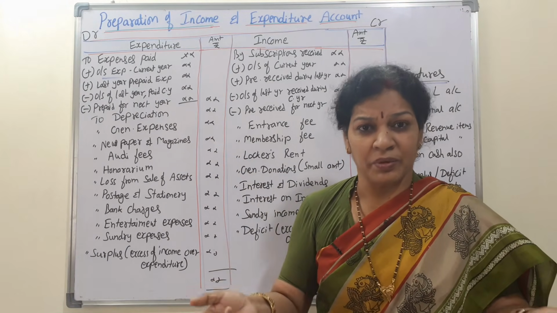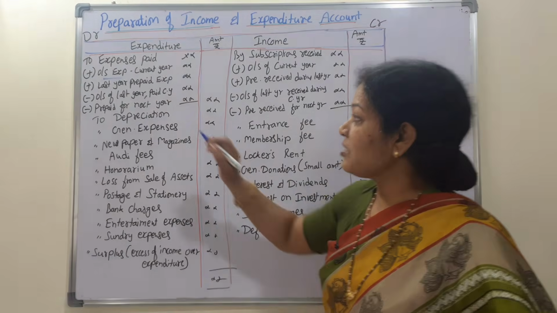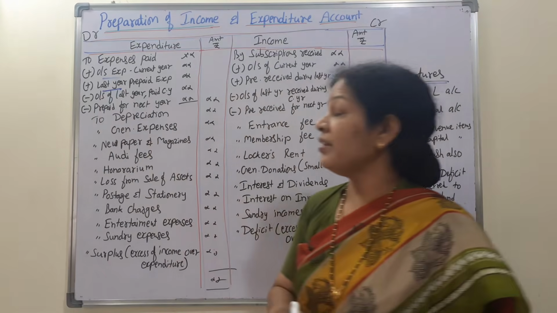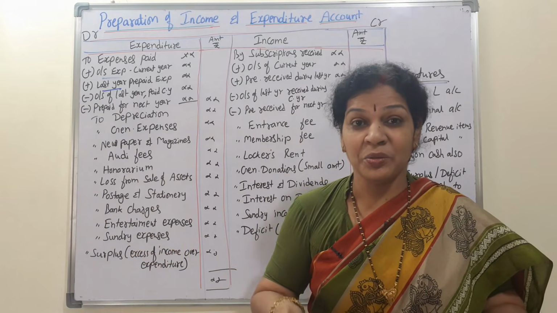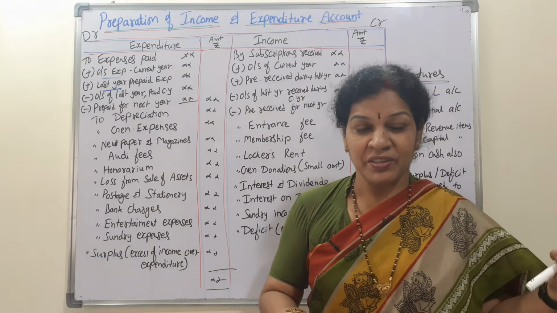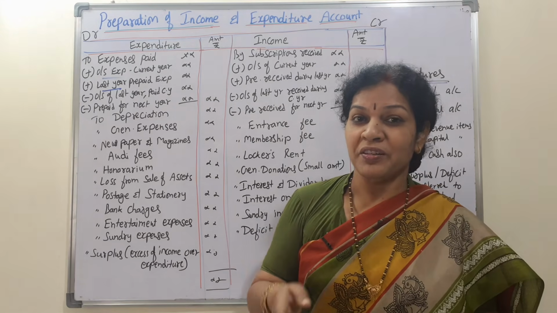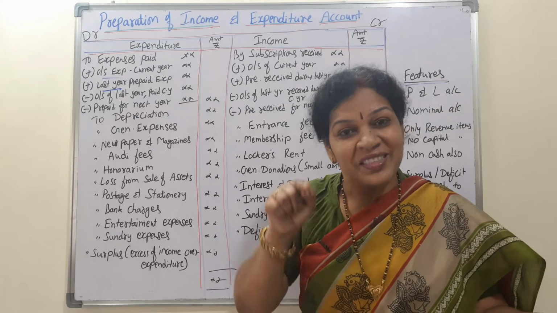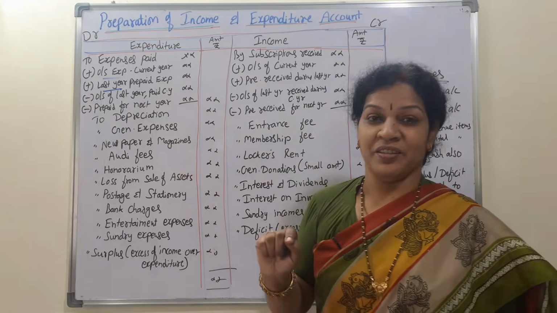Next one, last year prepaid. Last year prepaid means related to this year. Now it's 2020; paid in 2019 for 2020 means it is related to 2020. We'll add it.